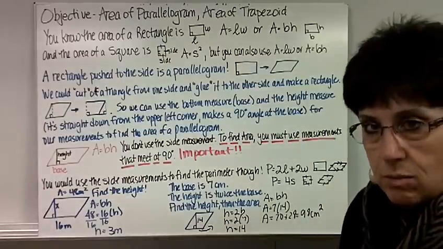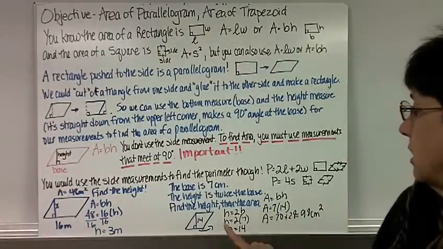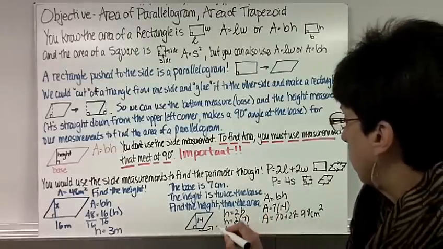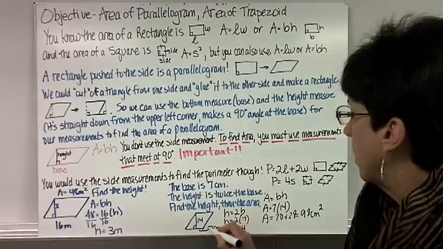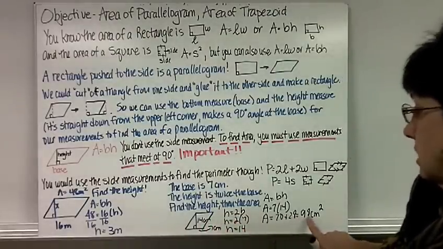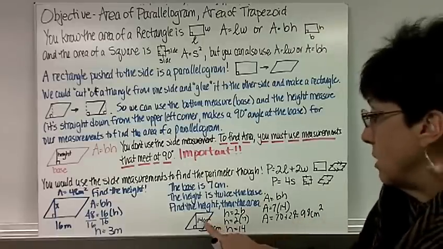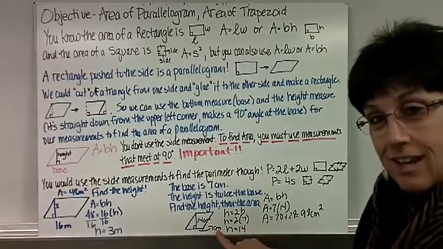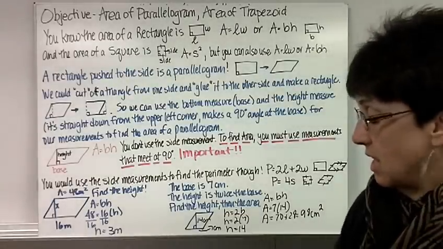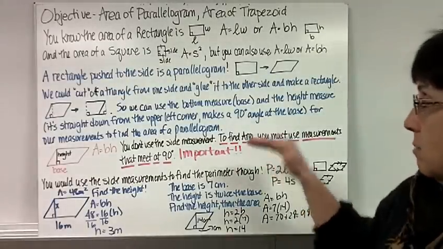And the reason it's centimeters squared is because really it's 7 centimeters, let me write that in, times 14 centimeters. 7 times 14 is the 98, and centimeters times centimeters is centimeters squared, because anytime you multiply something by itself, you can just say it's that thing squared, right? Like the side measurement, side squared.